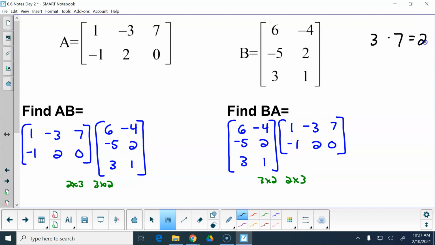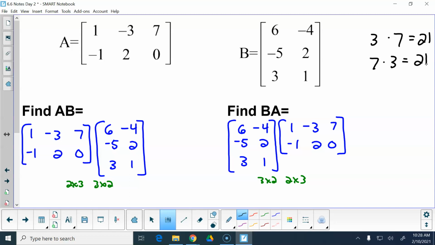It is 21. Now, here's the important personal type question. You ready? What's 7 times 3? It is 21. It's the same, right? Because order doesn't matter when we're multiplying numbers, correct? Love it. Great job. Nice job.